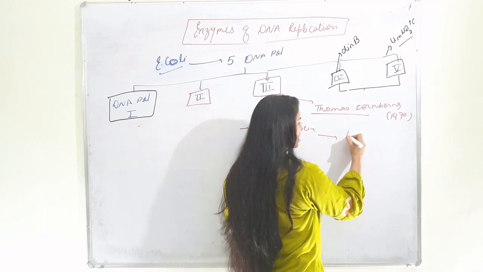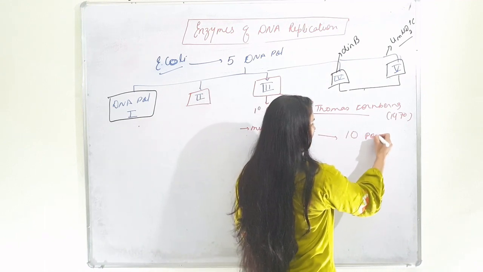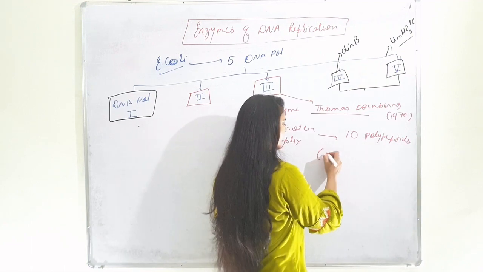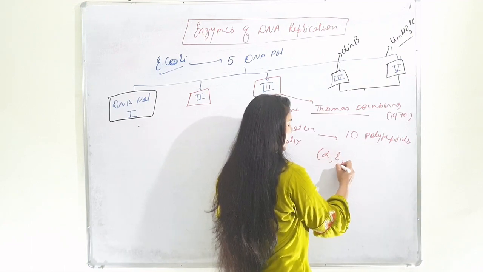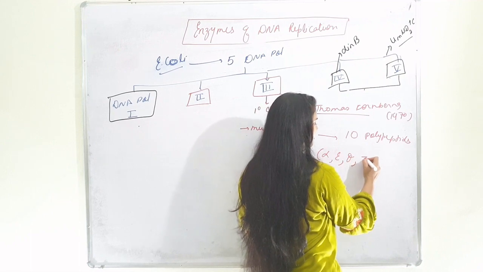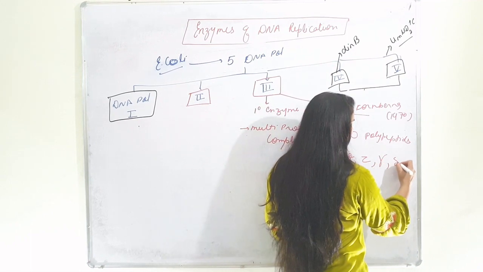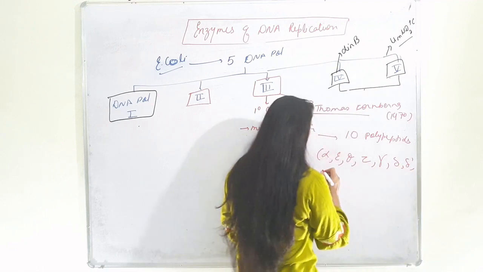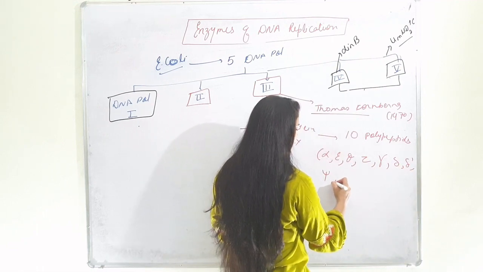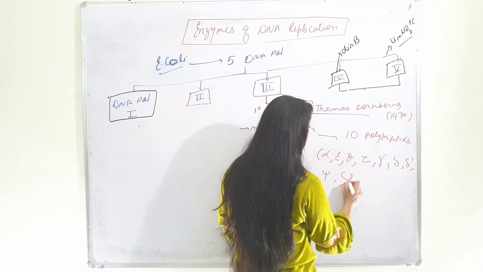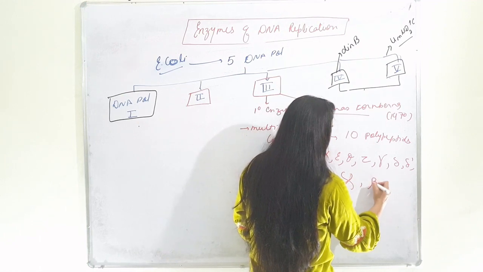which consists of 10 polypeptides, which are alpha, epsilon, theta, tau, gamma, delta, delta dash, psi, chi, and beta.